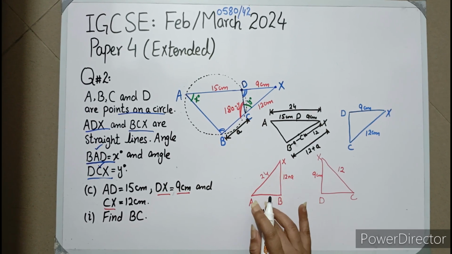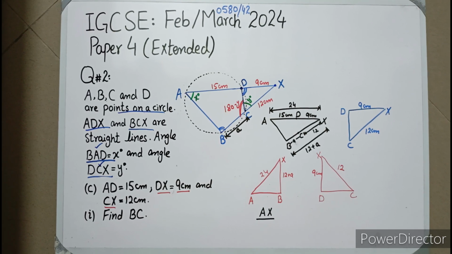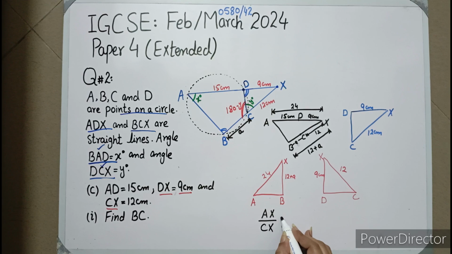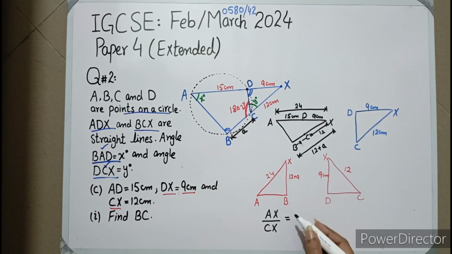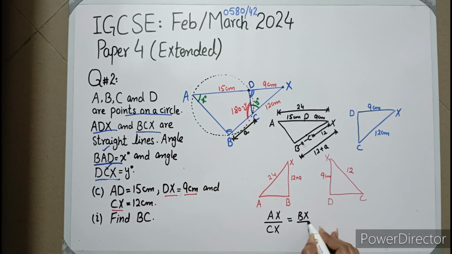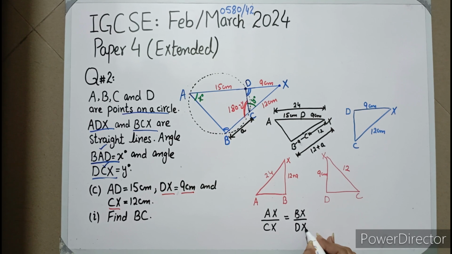AX slant line by the slant line of this figure, that will be basically equal to vertical line BX of the first one by the vertical line of the second figure.